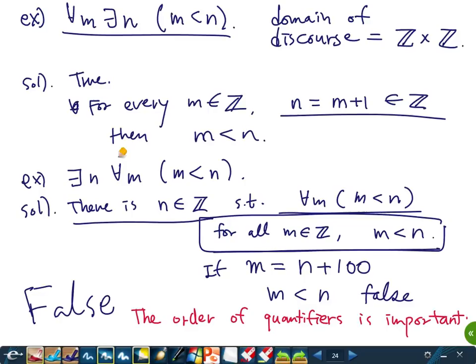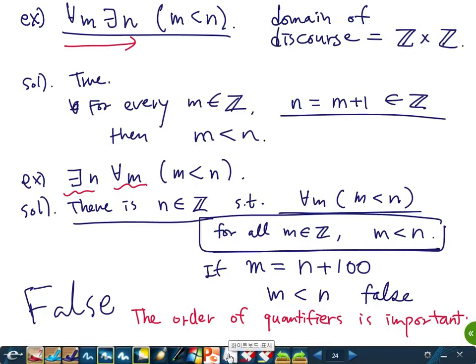The truth value can be changed. So it is very important. And you always read from left to right as we read books. There exists n such that something. Any question about these two examples? Okay.